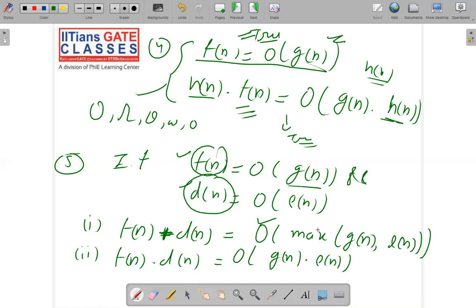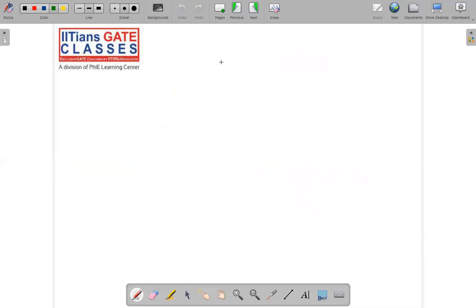Here I am specifically talking about big O notation only. If Fn equal to big O of Gn and Dn equal to big O of En, then summation of these two is equal to maximum of Gn comma En, and product of left side equal to product of right side. Now let's consider the same property for omega, because these two are most popular.